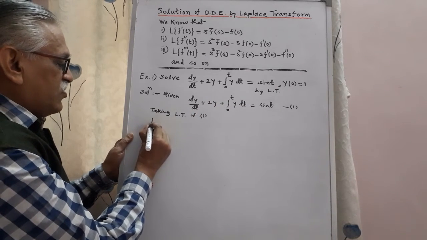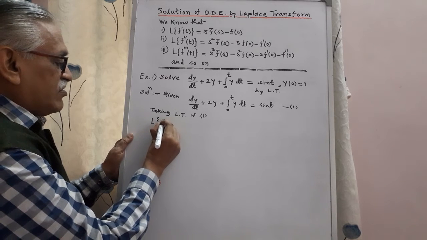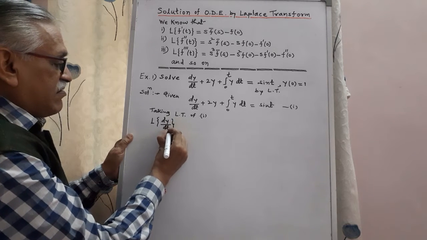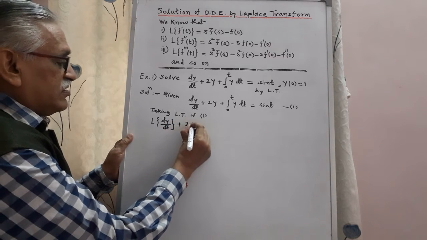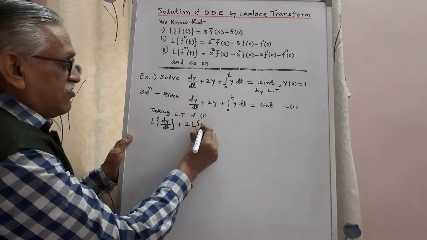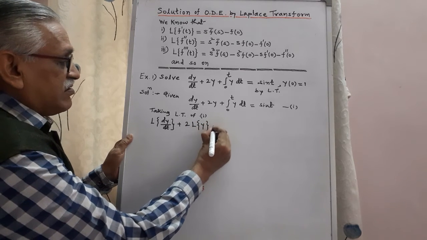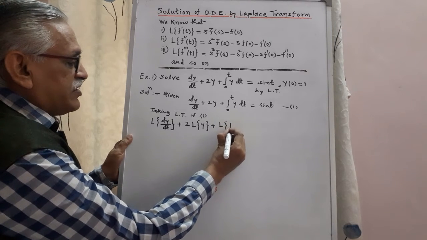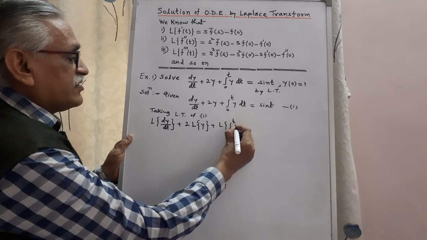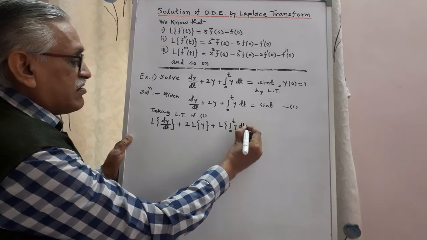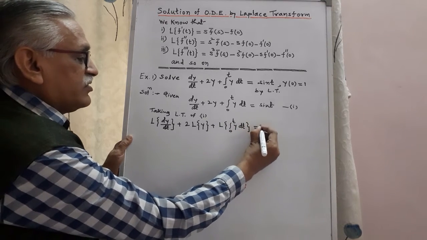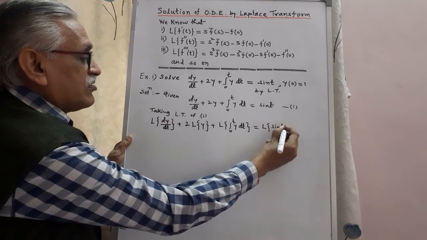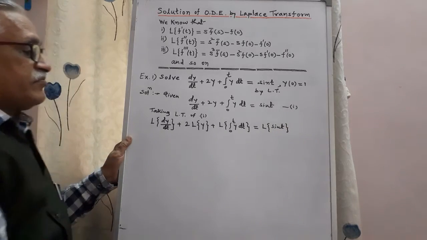Therefore, Laplace of the first term dy by dt, plus 2 times the constant, Laplace of y, plus Laplace transform of integral from 0 to t of y dt, is equal to Laplace of sin t.